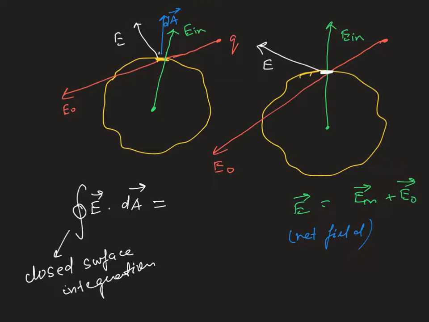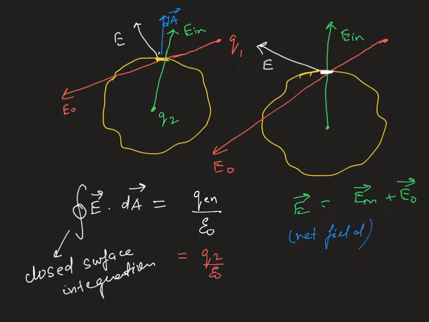The overall flux is only going to be due to this charge here. It is not going to be due to this charge here. So the overall flux is going to be Q enclosed divided by epsilon naught. If this Q enclosed is, let's say, Q2 and the outside charge was Q1, the flux is going to be Q2 by epsilon naught.